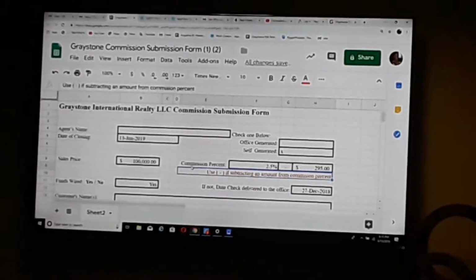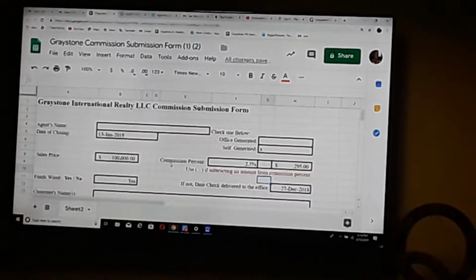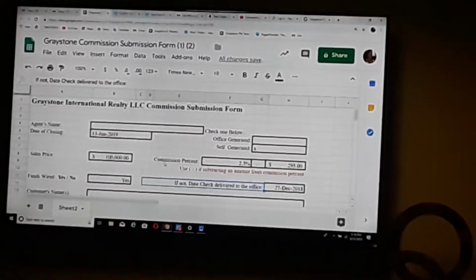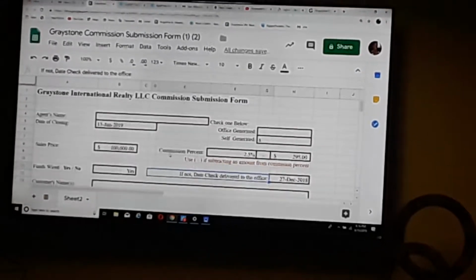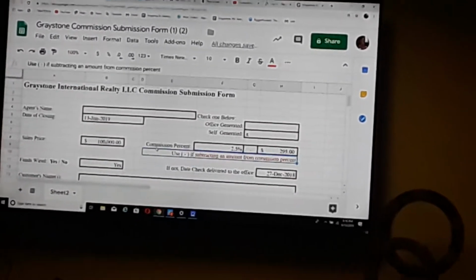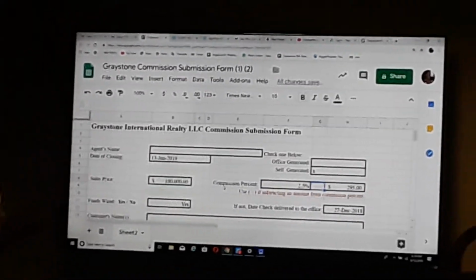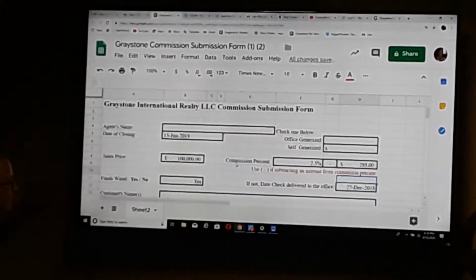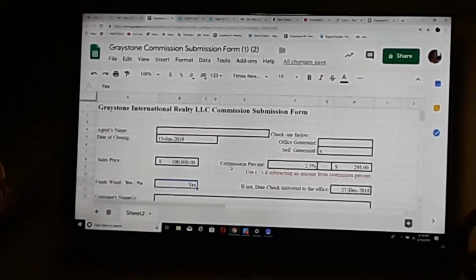It doesn't mess up the formula. I'll fix this. All right, so are we clear about the MLS fee? We should always be charging that. If we're the listing agent, we should always be charging that.